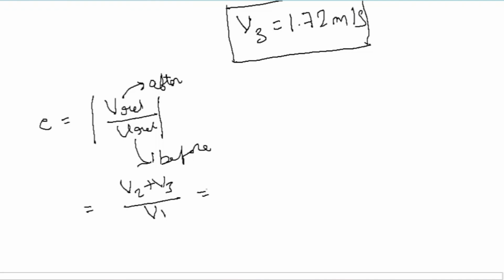Now if we put all the three values in the equation, then we have the value for coefficient of restitution to be 0.84. So this is what we were asked. The coefficient of restitution is 0.84. Here we have one of the answers.